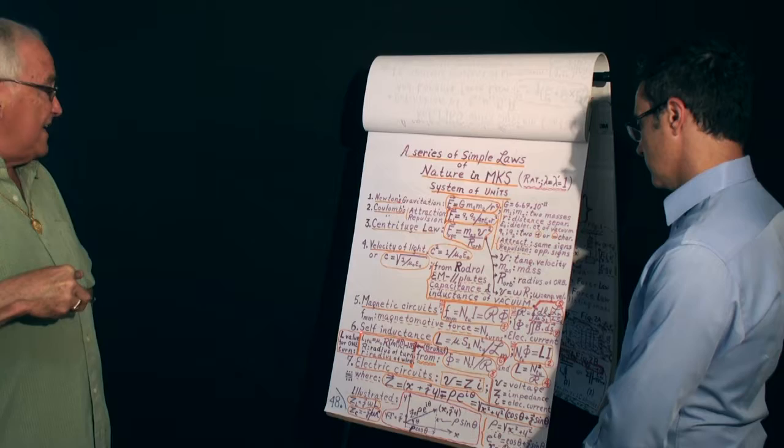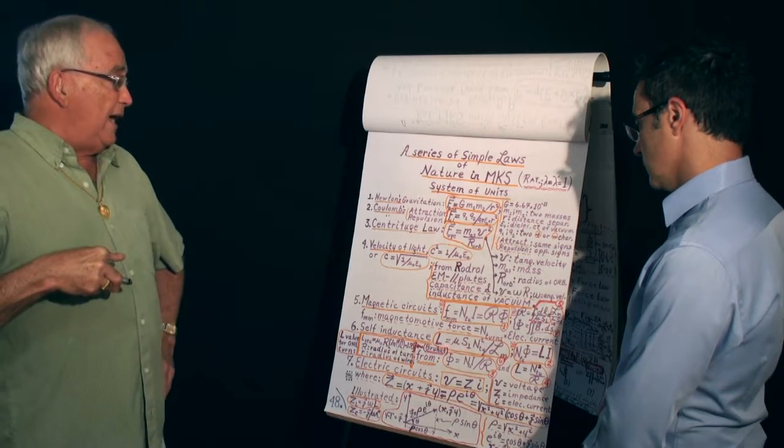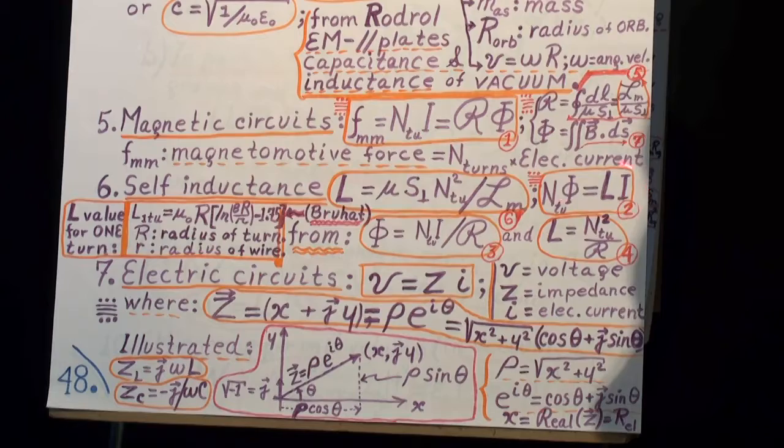Okay? So now the self-inductance, which is defined by this equation here, we say that the number of turns multiplied by the flux is equal to L, which we define as the inductance, multiplied by the current. You see here, it's number of turns by the current. But if we place number of turns by the flux, it is proportional to the current, but with a parameter we call inductance.